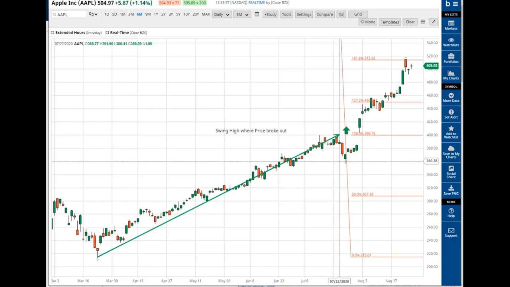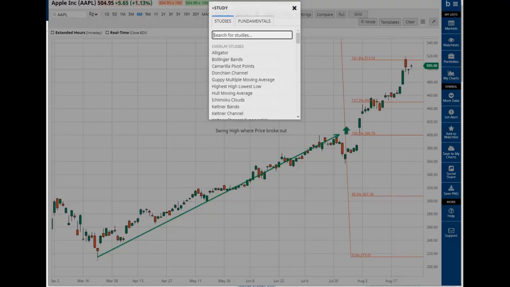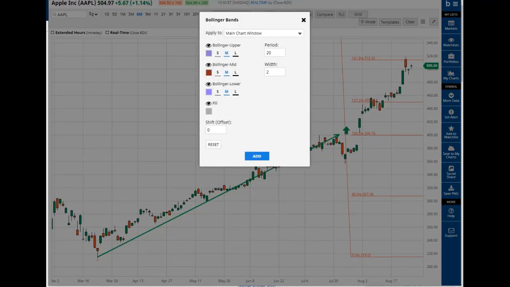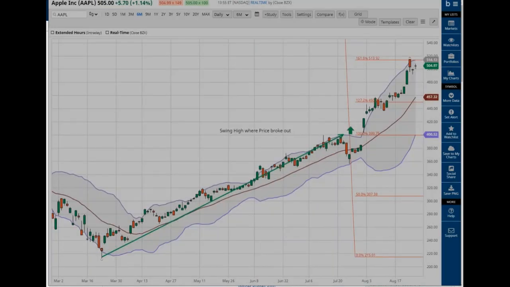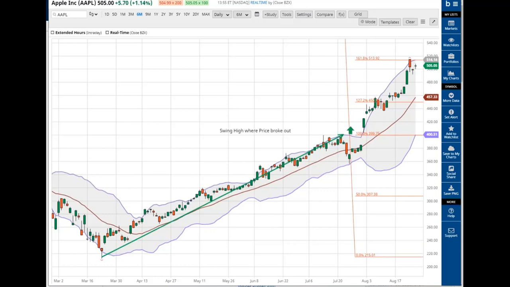Now, what other tool did I show you that can help tell us if prices are relatively too high or too low, and if price's momentum has overextended itself? Well, that was our Bollinger Bands. And again, this red candle was created, or part of it was created, outside of our 2 standard deviations.